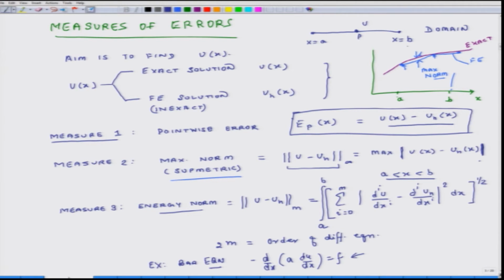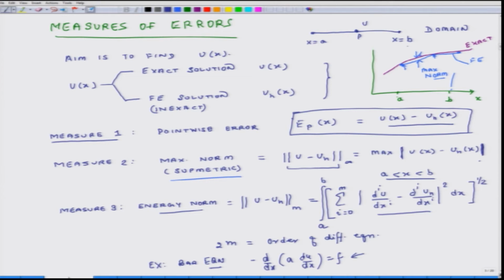The 0th order derivative of any function is the function itself, and then it will also include first order derivatives. So, it will include u and u prime. If I go to beams, it will include u, u prime, u double prime, and so on and so forth.